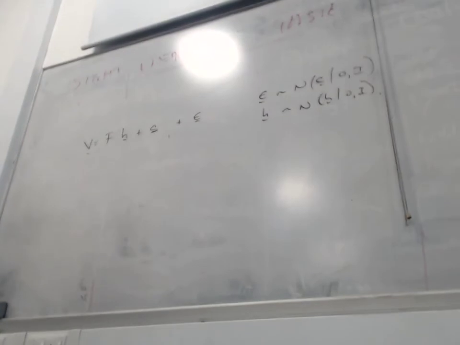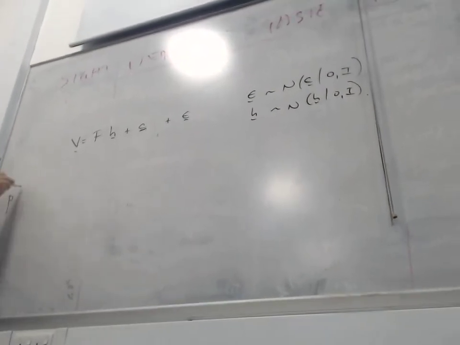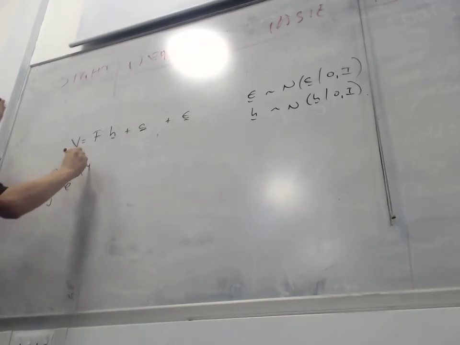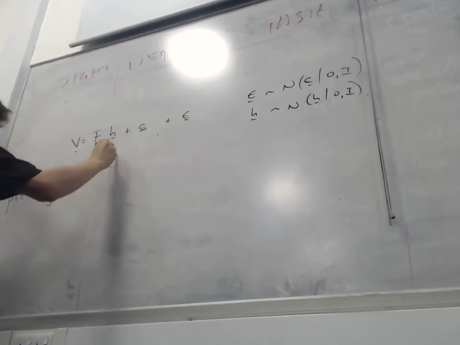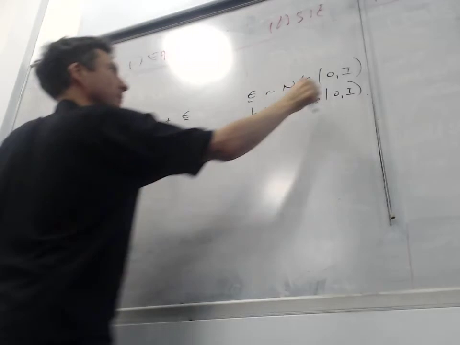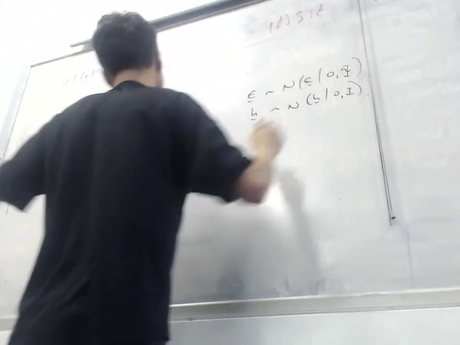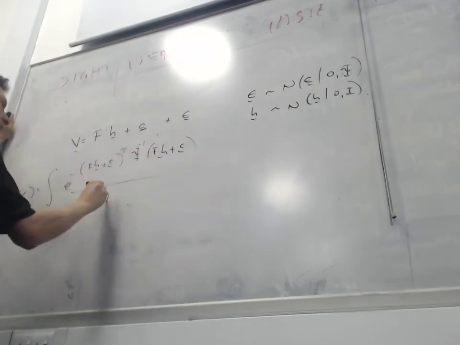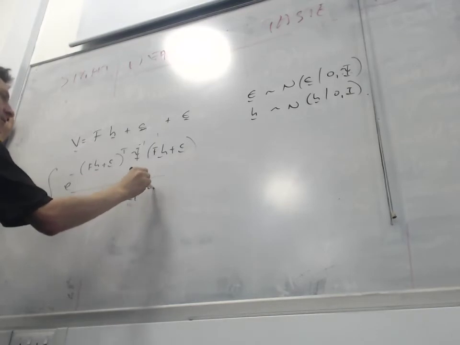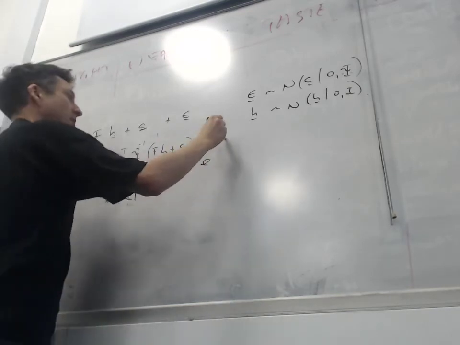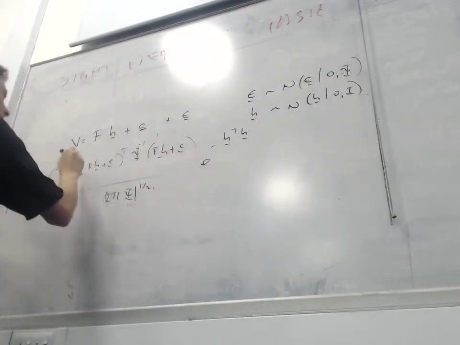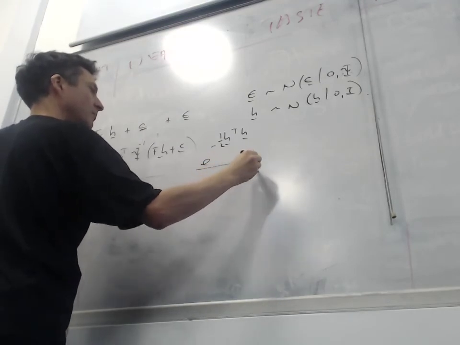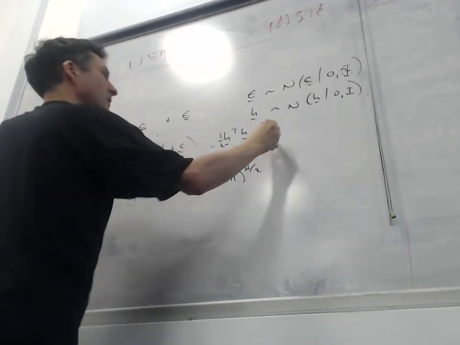So we could do this exercise where we write down what is P of V. It's the integral of e to the minus (V minus FH minus C) transpose psi inverse (V minus FH minus C) over 2, times e to the minus H transpose H over 2, over 2 pi to the H over 2, dH.